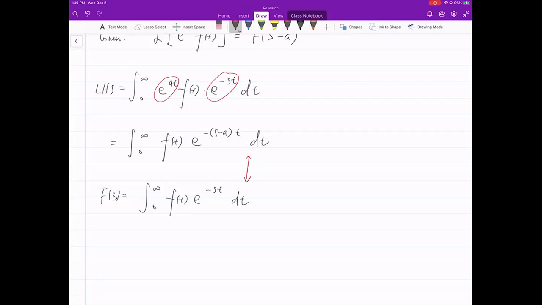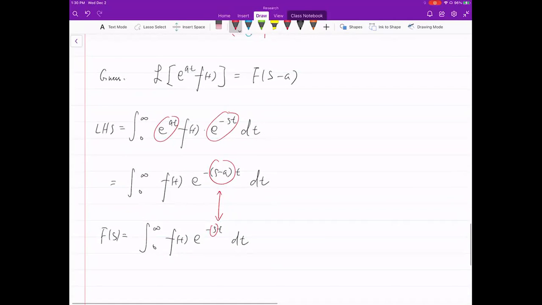Everything is the same, except this becomes that. That means if you multiply by e to the AT, you simply take your S and change it to S minus A once you finish. It comes exactly from the multiplication of e to the AT and e to the negative ST. So this is correct. Verified.